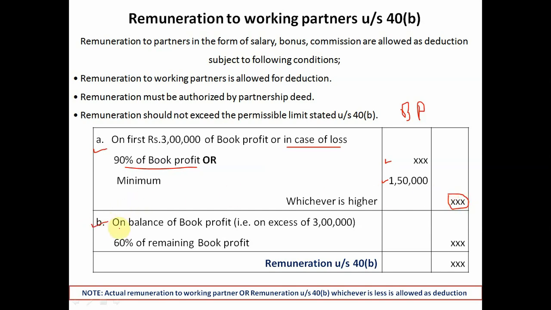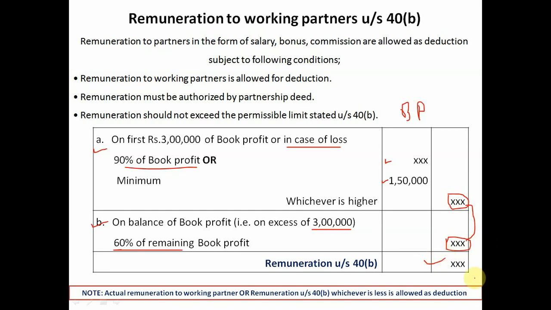And in the second step, on the balance of book profit, that is on the excess of rupees 3 lakh of the book profit. If there is a 4 lakh book profit, then in the second step, on 1 lakh we should take 60%, that is 60% of the remaining book profit. It is the second amount. So the aggregate of these 2 is the remuneration under section 40B.